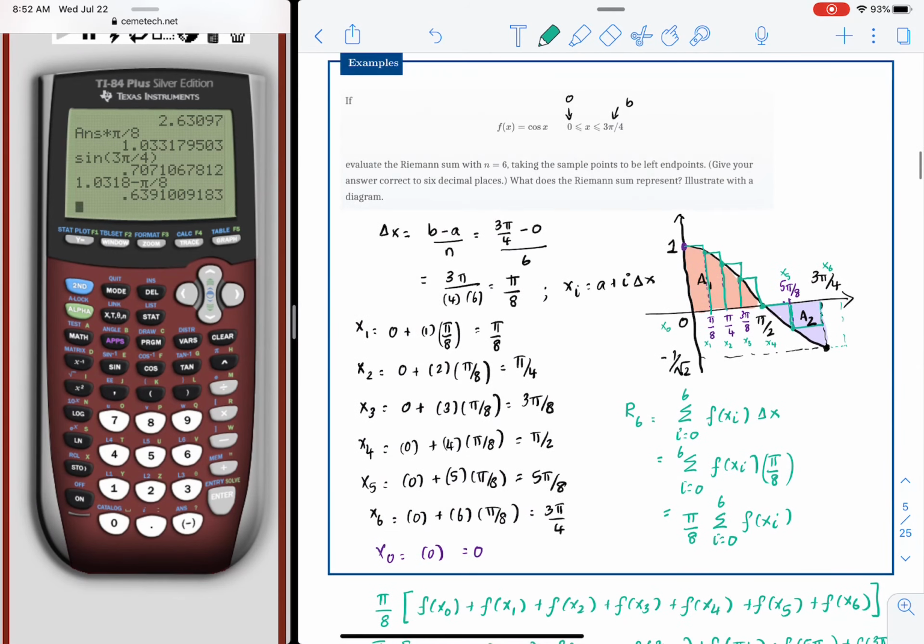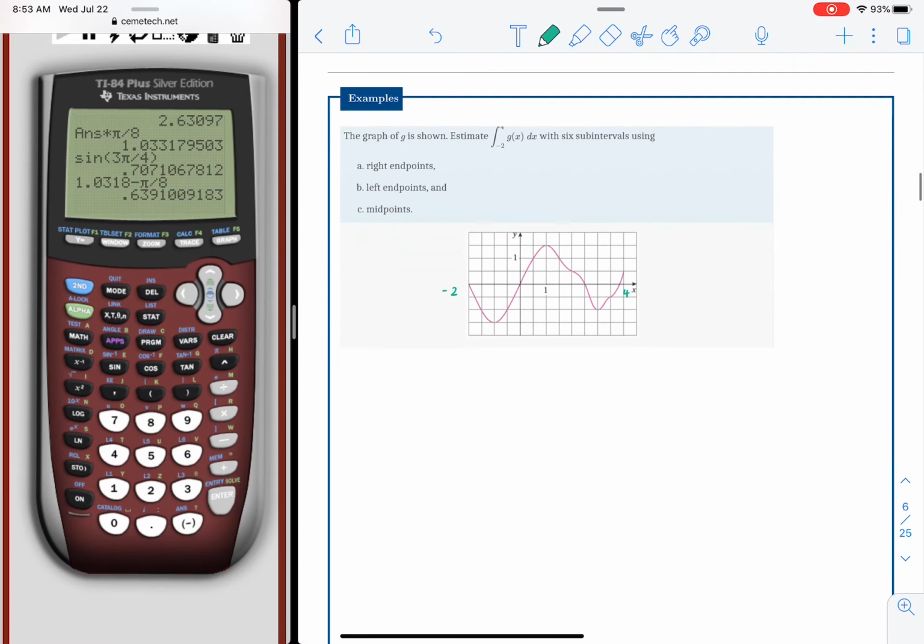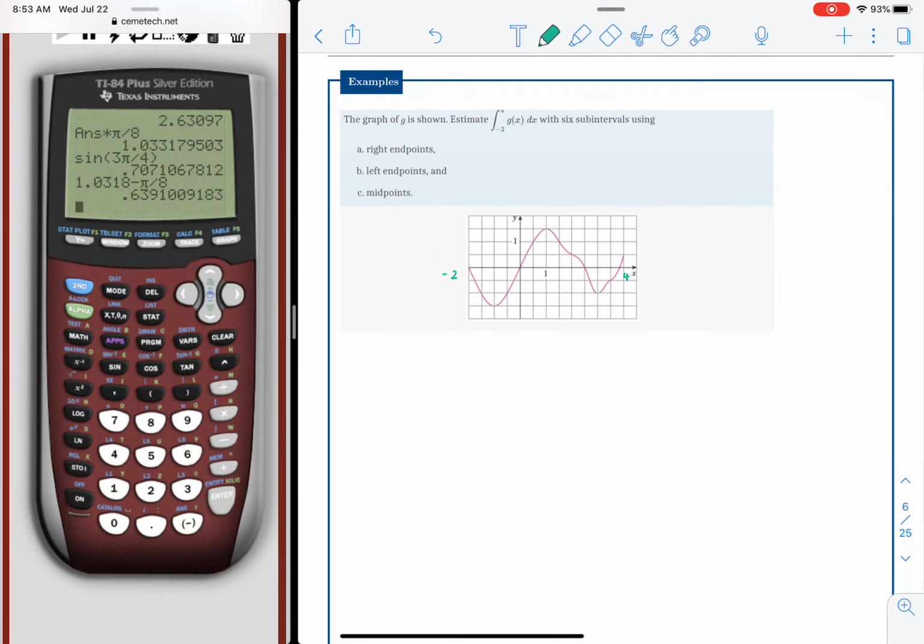Now, in the previous problem, the net area that we found, A1 minus A2, is approximately the integral from 0 to 3 pi over 4 of cosine x dx. Here we simply have g of x instead of cosine x.